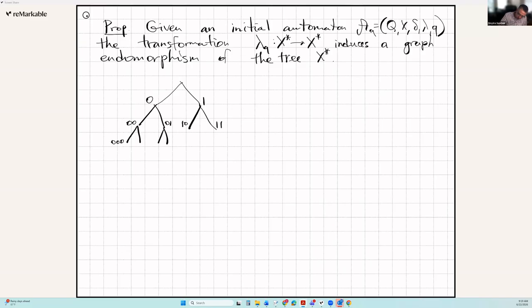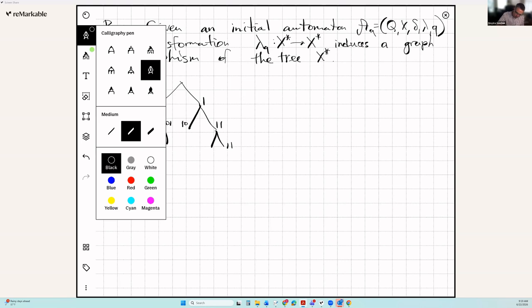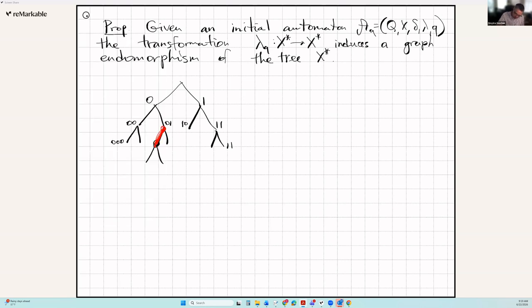So if you had, for example, that two vertices were adjacent, so this one and this one, that means that this is 01, and then this will be 010.